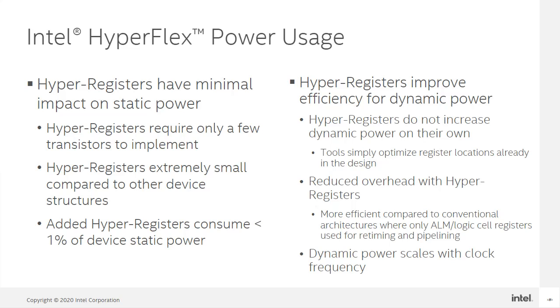The use of the hyperregisters proves to be more efficient than using the ALM registers for optimization methods such as retiming and pipelining. Keep in mind, though, that through these optimizations, the hyperregisters do enable designs to run faster, and that increasing the clock speed of a design causes dynamic power consumption to scale with that increased frequency.